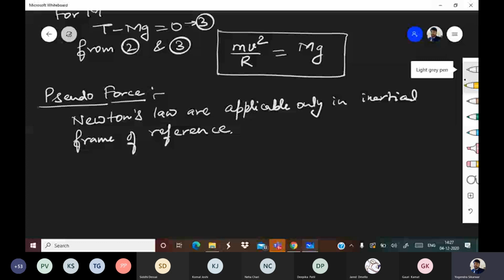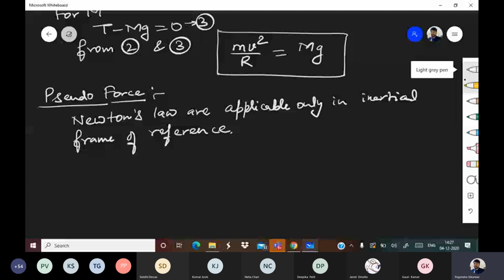Inertial frame of reference. So Newton said that on the basis of acceleration, frames of reference are of two types. What is the criterion? Acceleration.